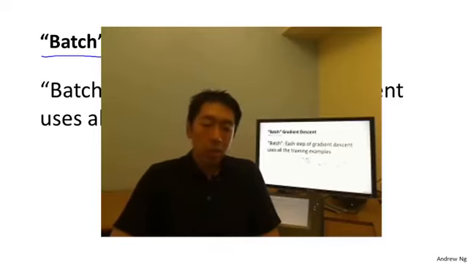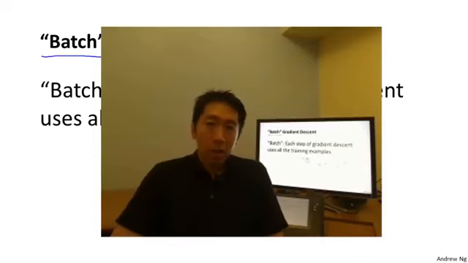That other method is called the normal equations method. But in case you've heard of it, gradient descent will scale better to larger data sets than the normal equation method. And now that we know about gradient descent, we'll be able to use it in lots of different contexts, and we'll use it in lots of different machine learning problems as well.